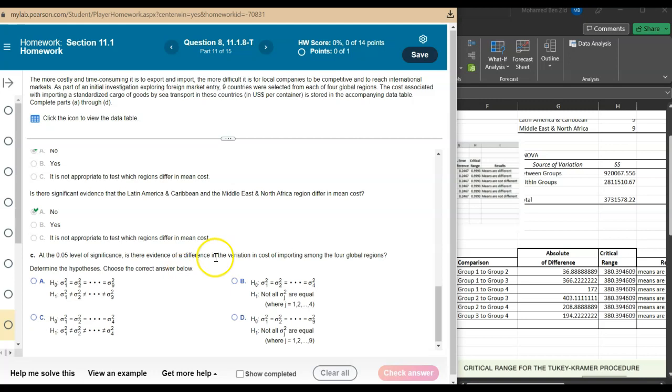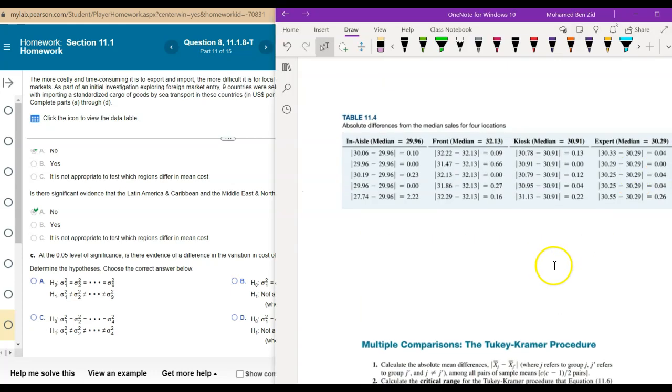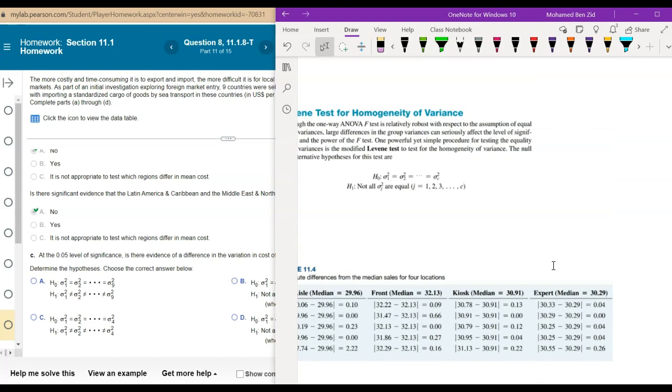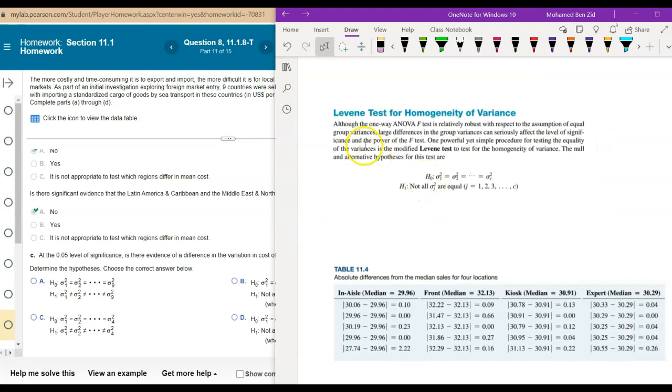That's another test that we run to figure out whether our calculation is correct or not. Let me go back to the correct section, and that's going to be the Levene test for homogeneity. The test always has the same statement: the null is that sigma 1 squared equals sigma 2 squared and so forth, up to 4, and the alternative is that not all of them are equal.